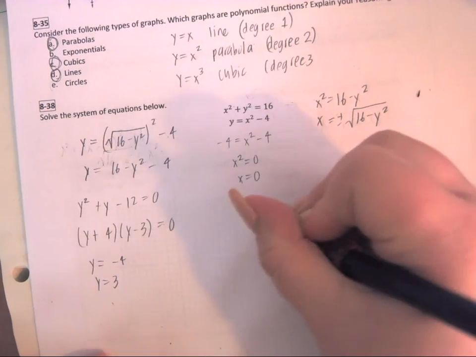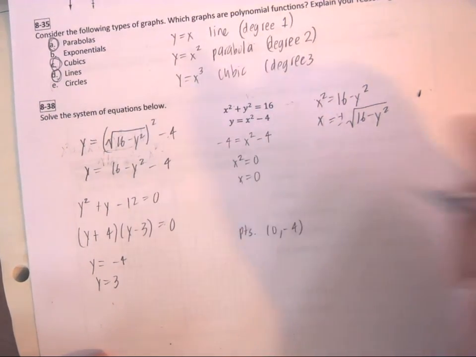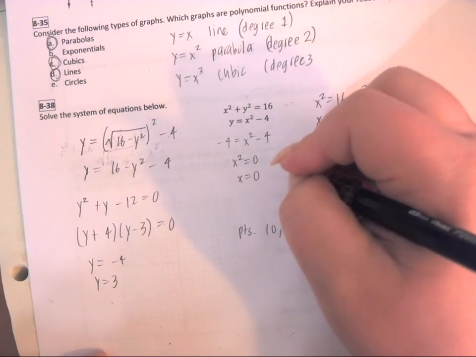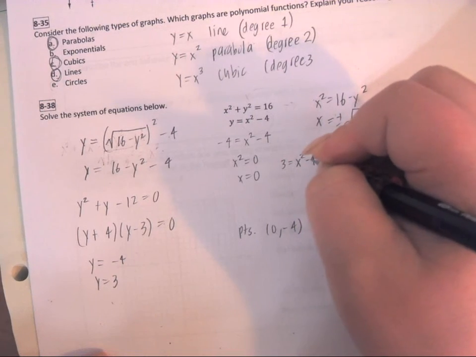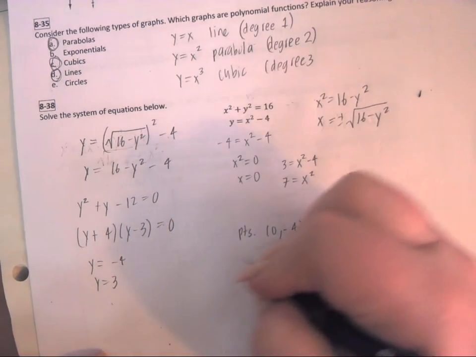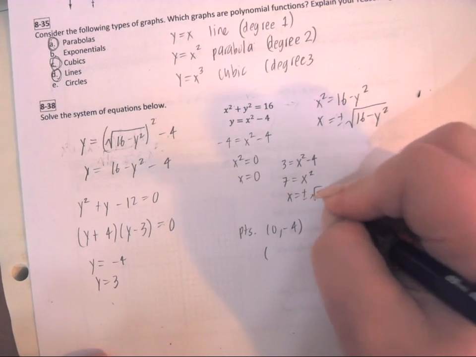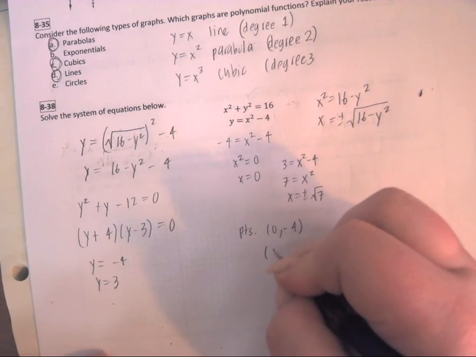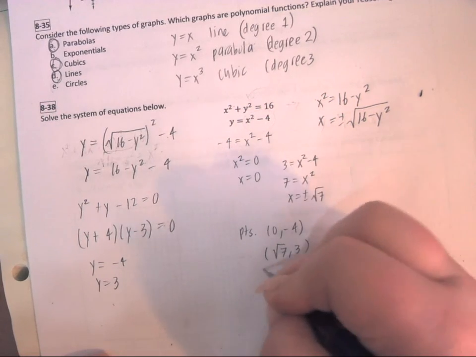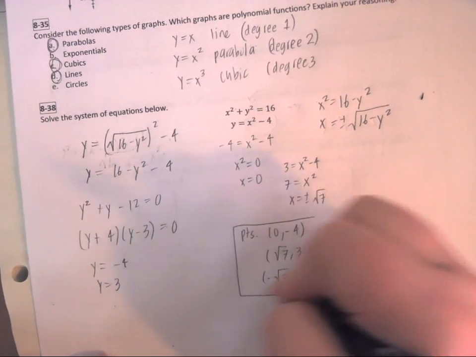So you have the point 0, negative 4. And then plug in 3: 3 equals x squared minus 4, add 4, and then you get plus or minus root 7. So root 7, 3, and negative root 7, 3. So here are the points of intersection.